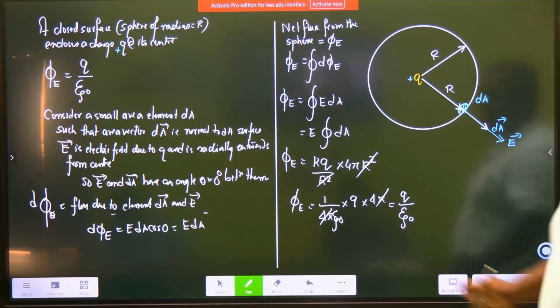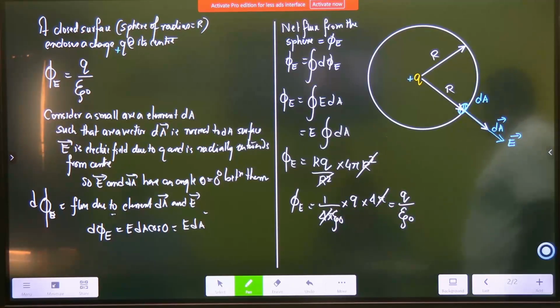This is a surface integral of a patch dA of a sphere. If you integrate all the dAs of a sphere, what do you get? The sphere.